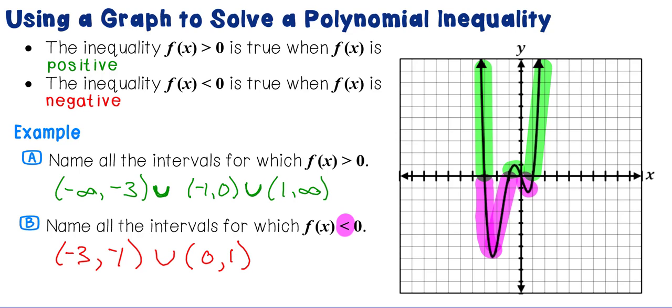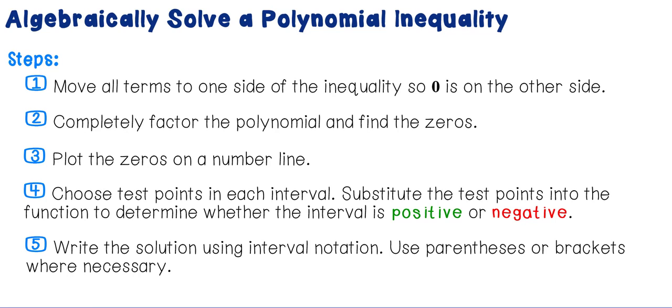So now we're going to look at how you solve it algebraically, and there are basically 5 steps that you would take. 1, you want to move all terms to one side of the inequality so that 0 is on the other side. The second step is you want to completely factor the polynomial and find the zeros.